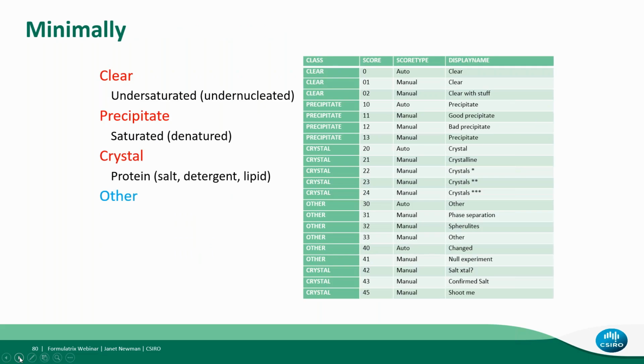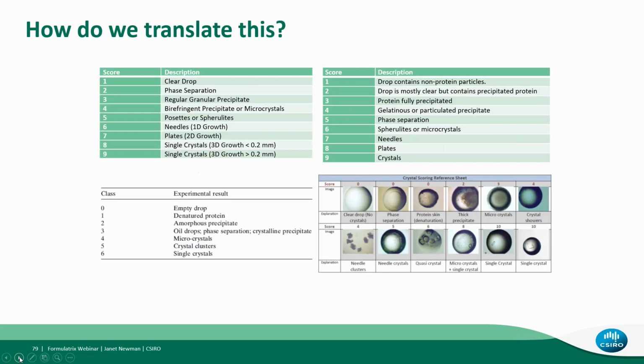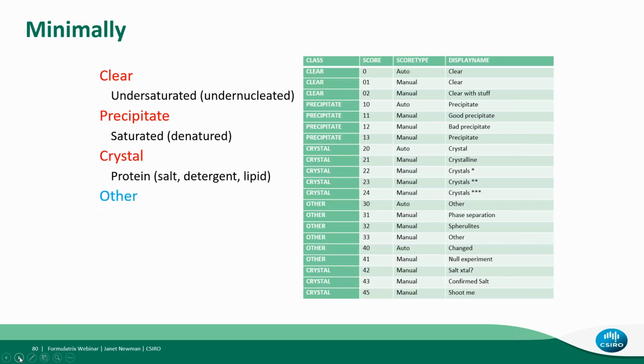And when we look at all of the things which are available on the web, we find that they can all be collapsed down minimally to a set of 4 categories, and that's clear, precipitated, crystalline, or other. And as many of the speakers have already pointed out, that clear generally maps to being undersaturated or indeed undernucleated.